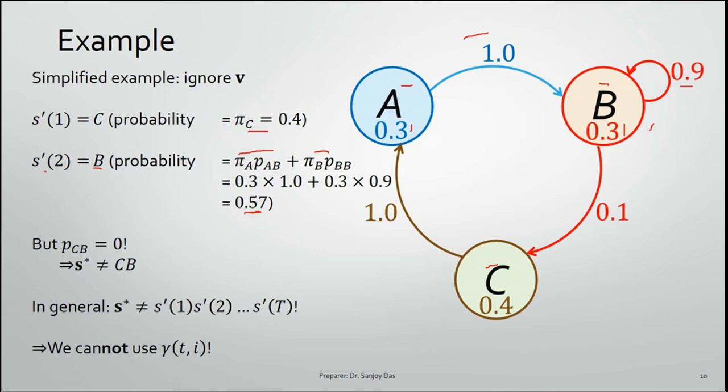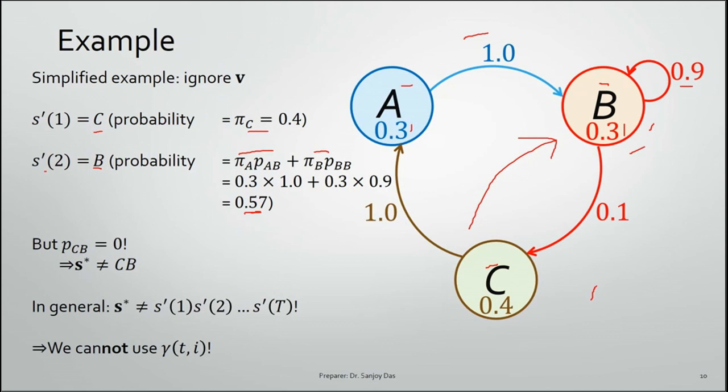Obviously not, because from state C there is no arrow to state B. So from state C, you cannot jump to state B. Although the most probable initial state was C and the most probable state at time step 2 was B, S star cannot be equal to CB because there is no transition from C to B. In general, S star is not equal to S prime 1, S prime 2 until S prime T.